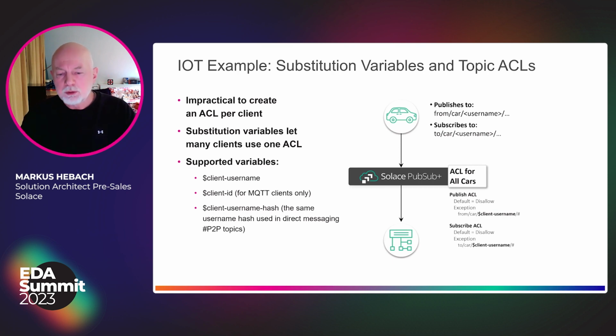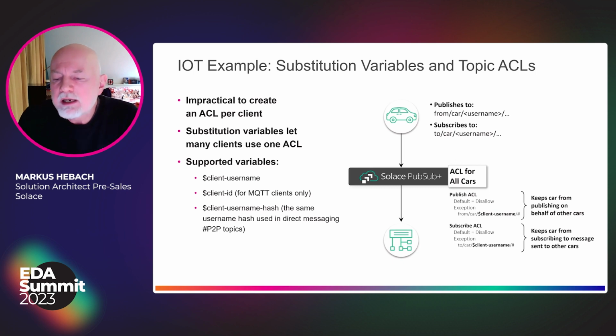And also the other way around, when you subscribe, you have the same. So this keeps cars from publishing on behalf of other cars. That's not possible. And also that cars do not get messages which are meant for other cars. It would be really awkward if you press lock doors or unlock doors in your app and another car opens.